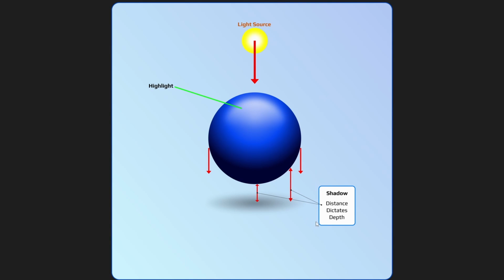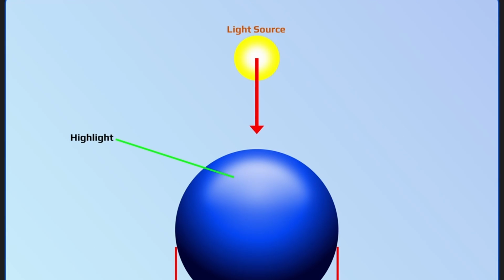Now, as it says in this box here, when it comes to the shadows, distance will dictate the depth of that shadow. So for example, because we know this light source is directly above the circle, we are going to get the brightest part of the circle on the top here, which is where I have added a faint blur to give the illusion of light reflecting off the top.